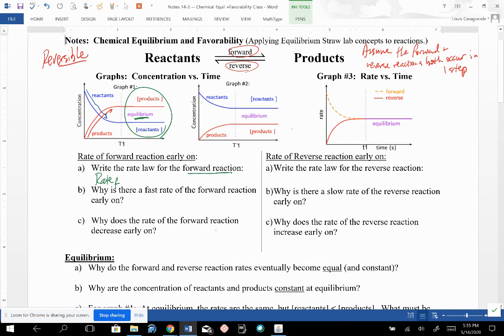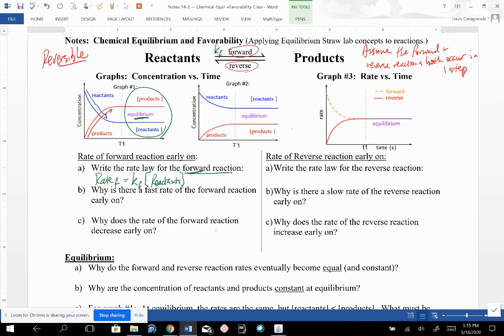So that little subscript f means the forward direction is equal to, now we're going to have a rate constant for the forward direction. So there's a K, I'm going to write it up here on the reaction up above, as a rate constant. And then we have the concentrations of the reactants. And again, if you had any coefficients, you'd have to put them there as well. So this is the rate law for the forward reaction.